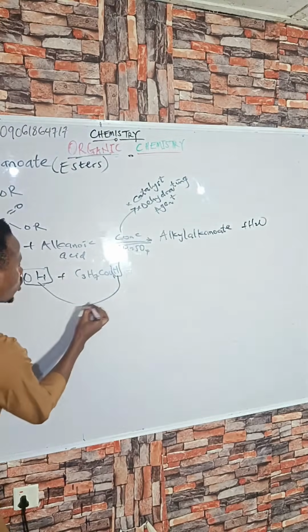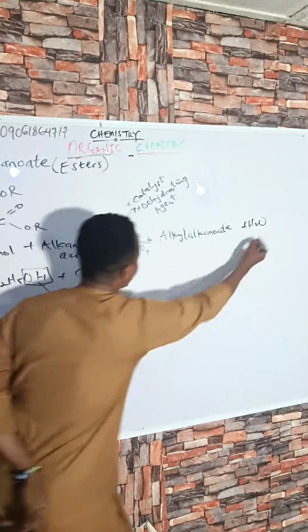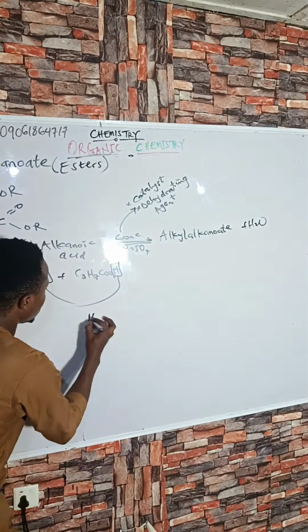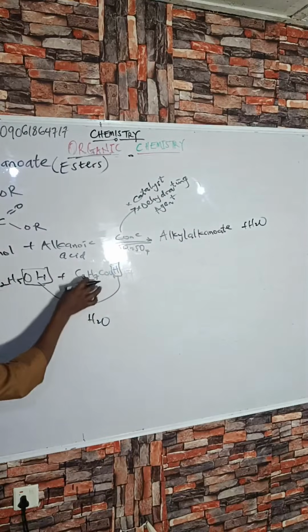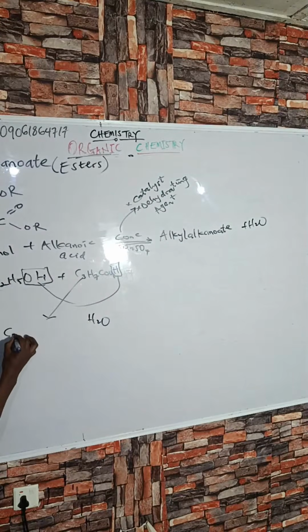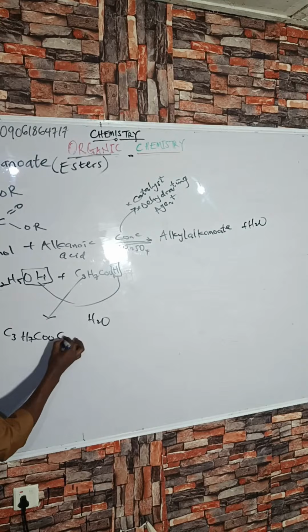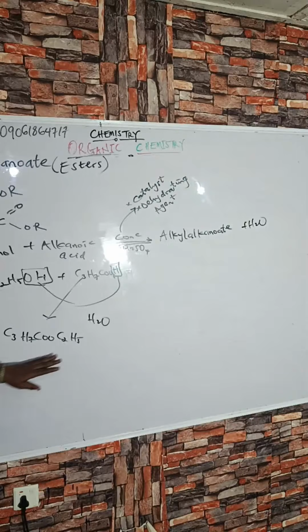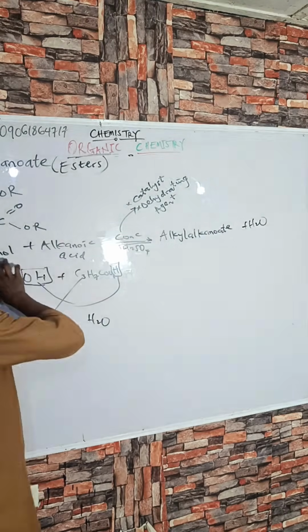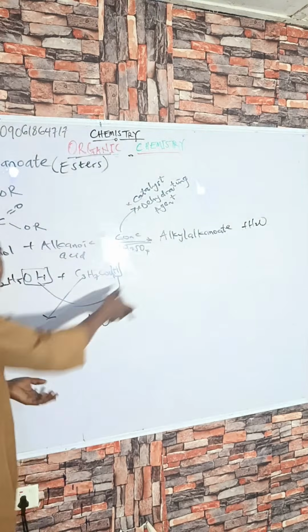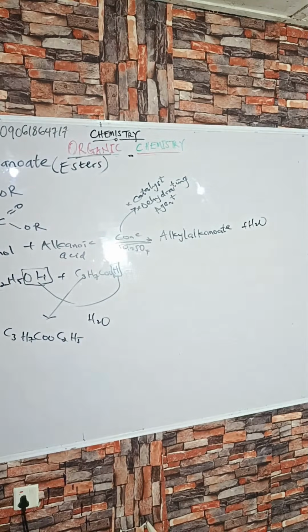The OH and H give us water, H2O. What we have left is C3H7COO and then C2H5. So that's how to get the structure of alkyl alkanoate: you remove H, then put the remaining part of your OH here and add it to the front.